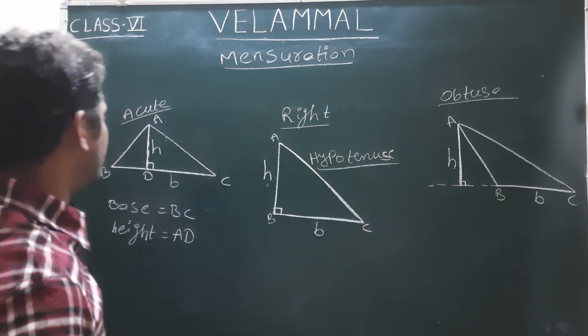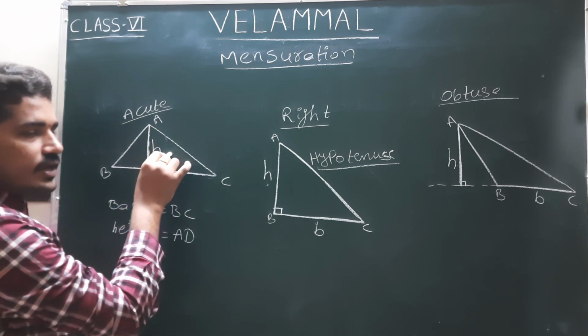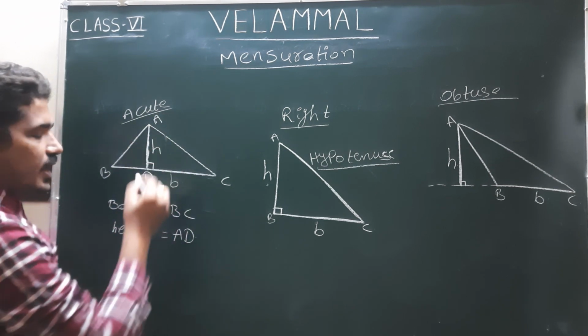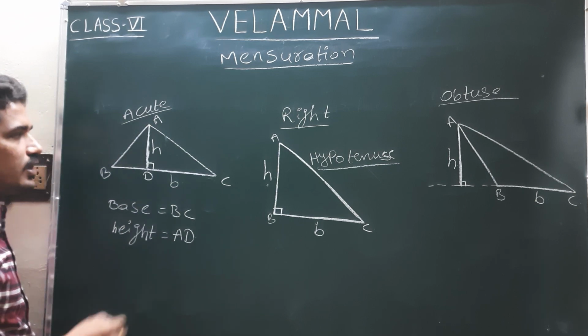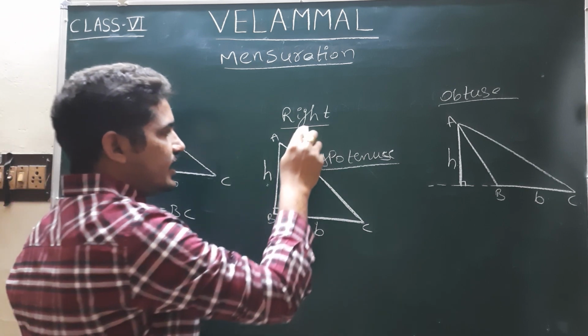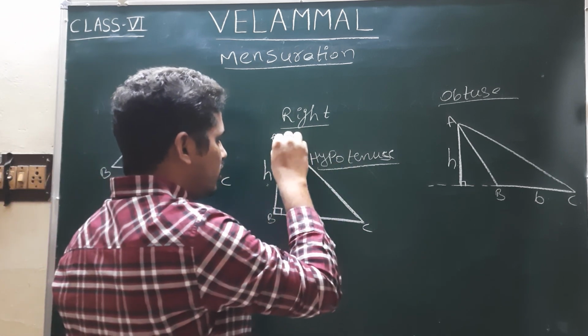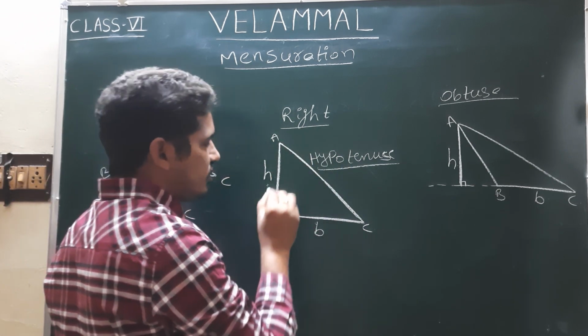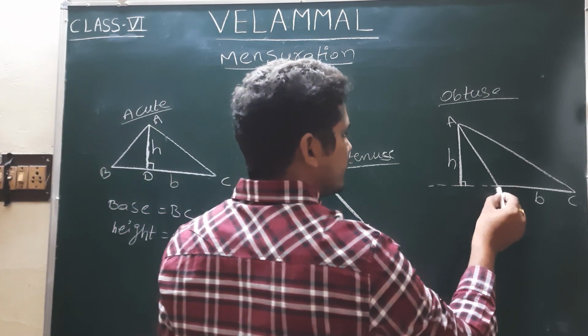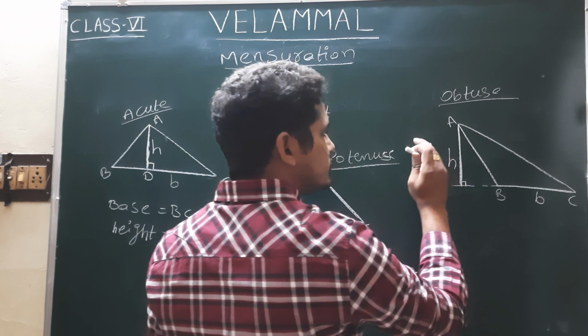If you observe here, in the acute angle triangle, the height will be inside of the triangle. In the right angle triangle, the height will be on the boundary of the triangle. For the obtuse angle triangle, the height will be outside of the triangle.